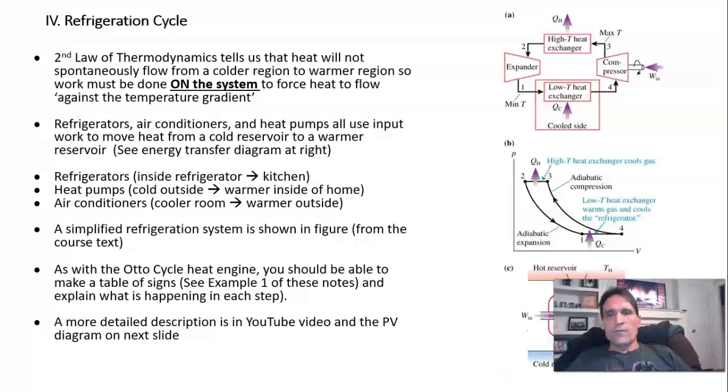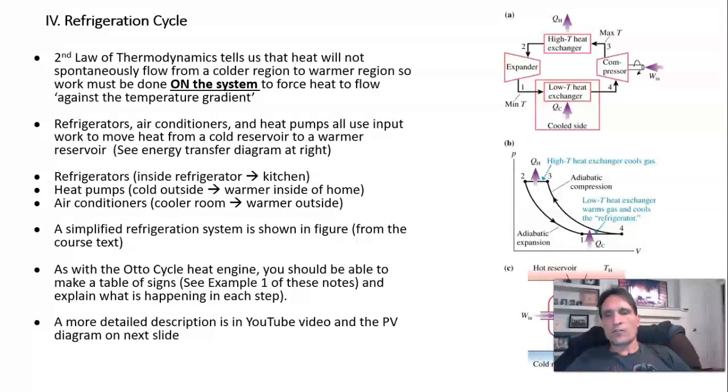Remember, the job of refrigerators is to move heat against the temperature gradient, right? So the second law of thermodynamics says heat will flow naturally from hot to cold, but that it doesn't naturally or spontaneously flow from cold to hot. So we need to supply some work to extract heat from this cold reservoir and to push it against the temperature gradient toward a warm reservoir.